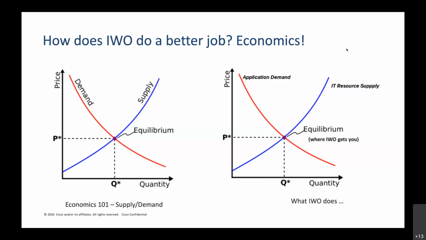So somewhere in here, there is something called an equilibrium, where your supply and demand meet, the sweet spot where you have enough resources for enough application demand. And all IWO's job is to get you to that equilibrium.